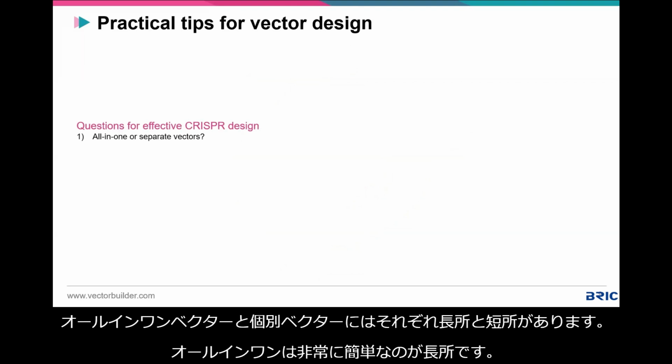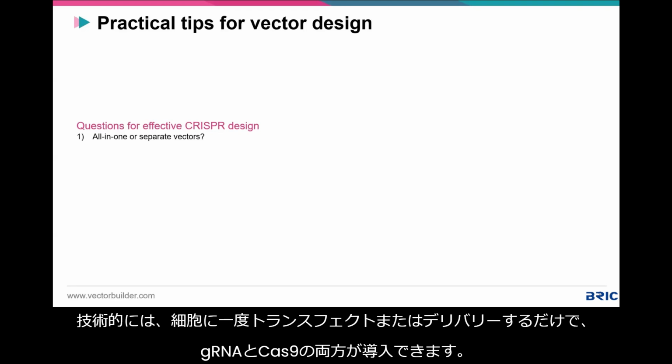Each of these systems has its own pros and cons. An all-in-one system, as you can imagine, is very easy. Technically, you just transfect or deliver it once into the cell, and you can be sure that both components have been delivered.